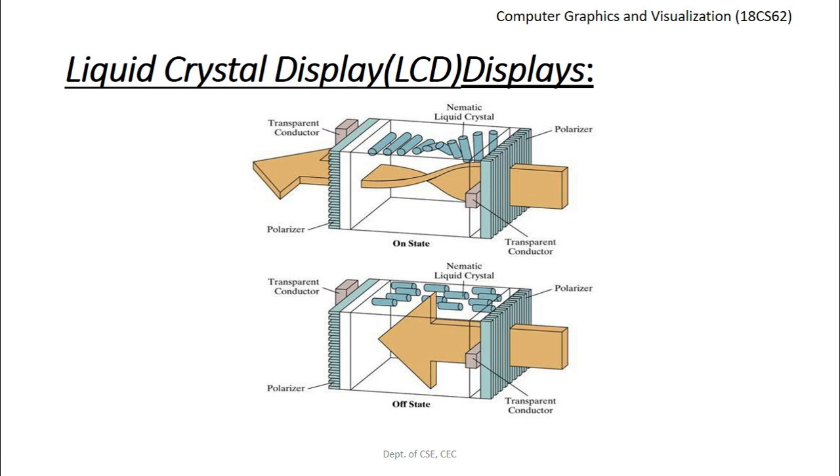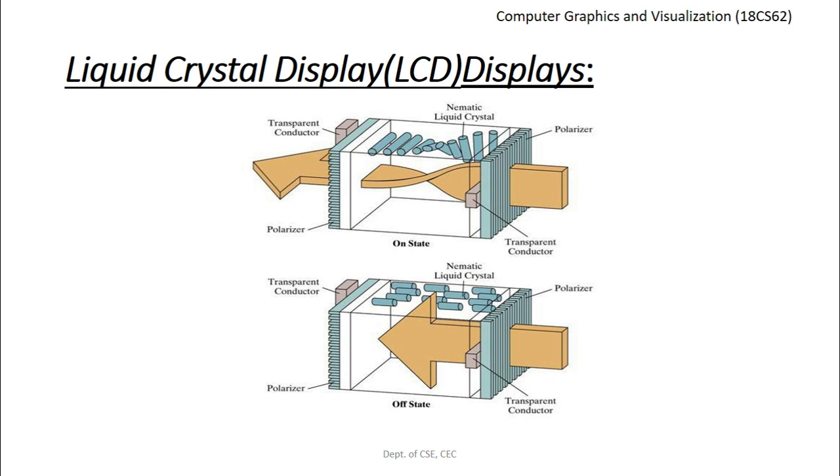Rows of horizontal transparent conductors are built into one glass plate, and columns of vertical conductors are put into the other glass plate. The intersection of the two conductors defines a pixel position. In the on state, polarized light passes through the material and is twisted so that it will pass through the other polarizer. In the off state, the light will reflect back towards the source. So that is the working of the LCD display.